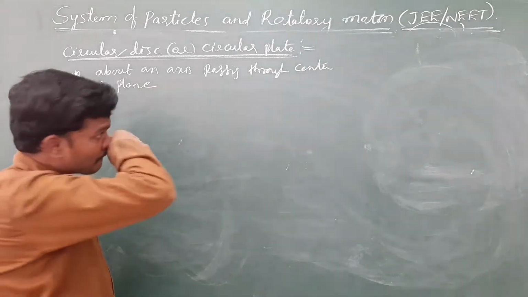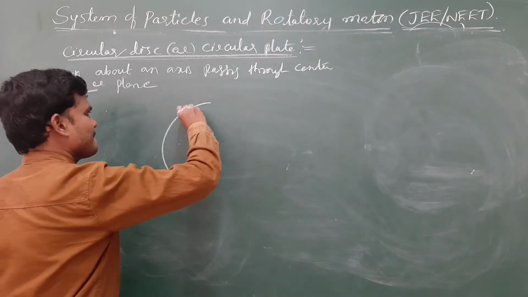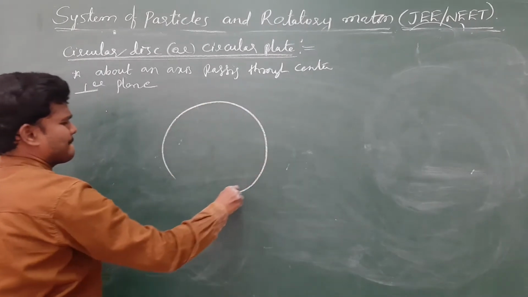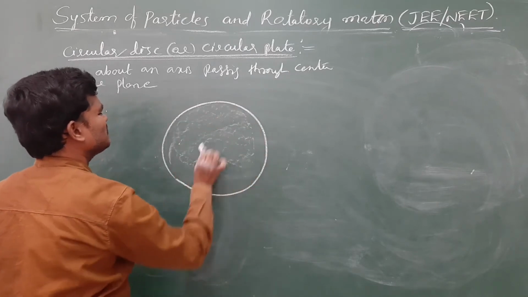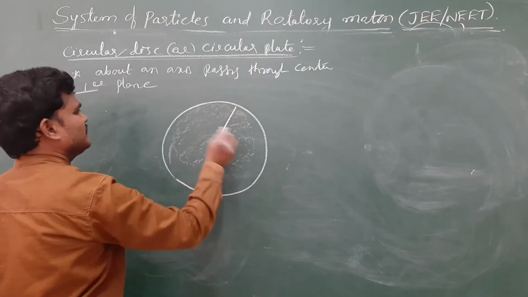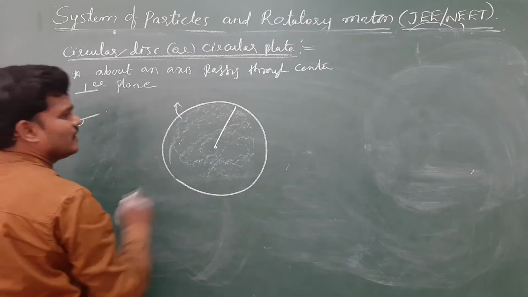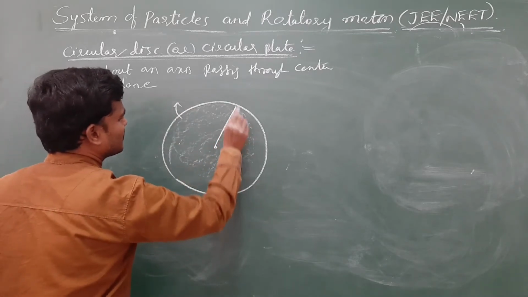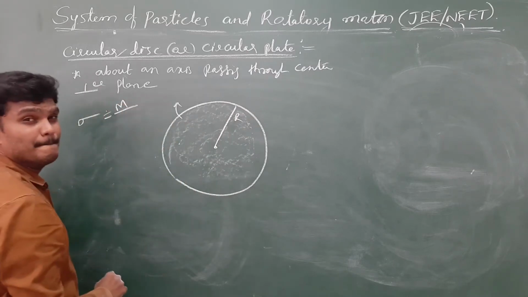Okay, so this is the disk, whose radius is r, whose mass is m. And this will have some surface density sigma. If capital R is the radius, then sigma is equal to what? Mass by area.